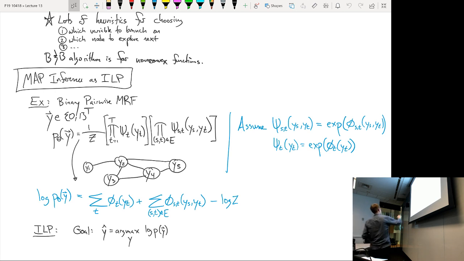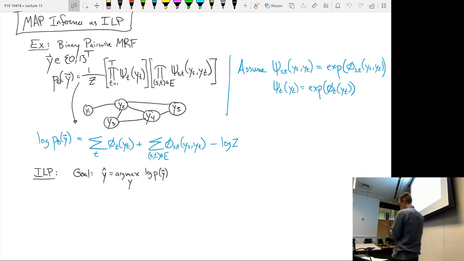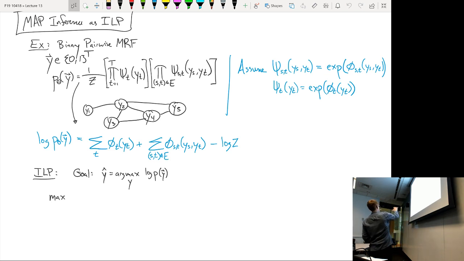So if we want to set this up as an ILP, then we're going to need some objective function. So the objective function is going to be a linear objective function. Remember, we're maximizing over values of y. So what should our objective function be? We want it to be linear in y.